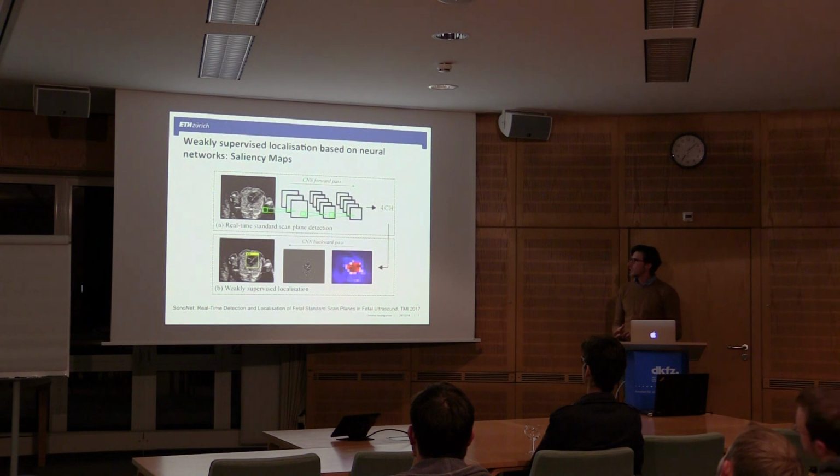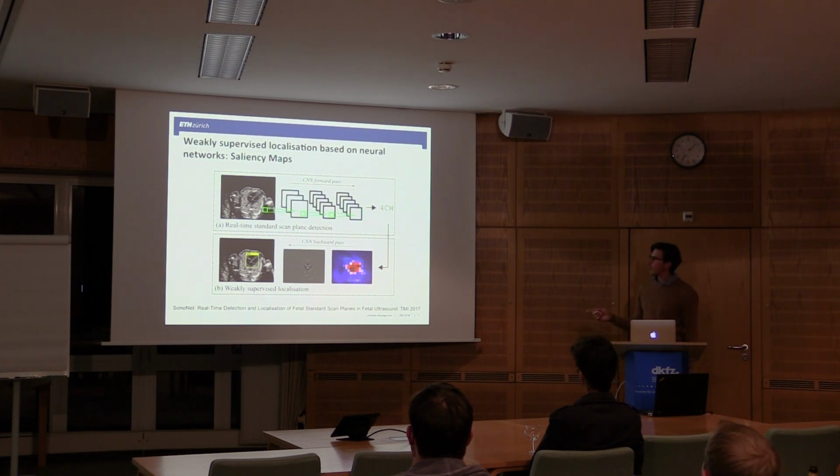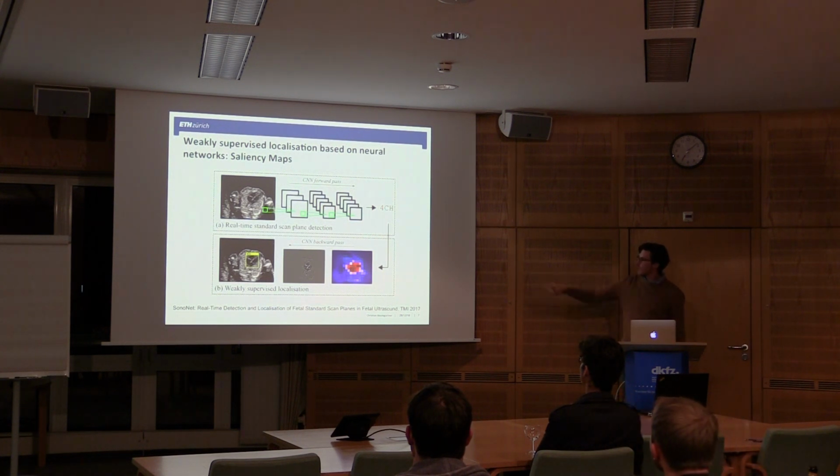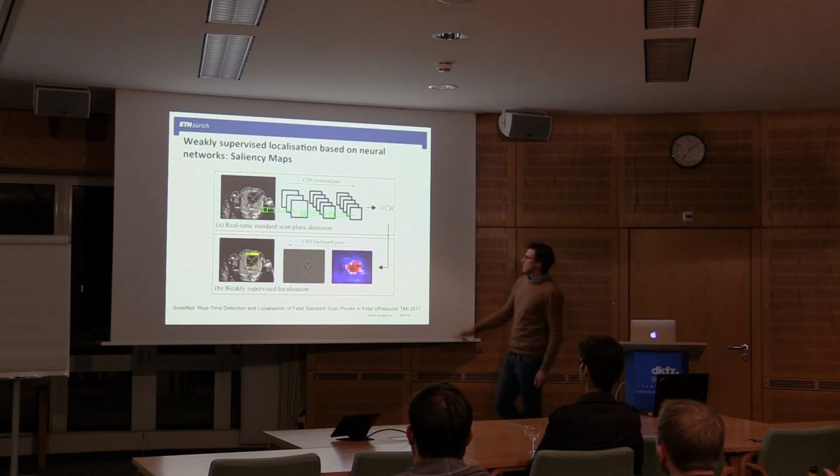So I would say the classical way, perhaps, to do this, how it is commonly approached, is to train a neural network classifier to predict a label. This is some previous work of ours where we were trying to predict fetal standard planes. And once you have the prediction, you can go back and there are certain algorithms that then allow you to highlight the pixels in the input image which affected this prediction the most.